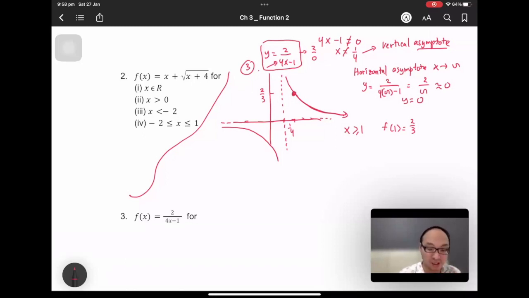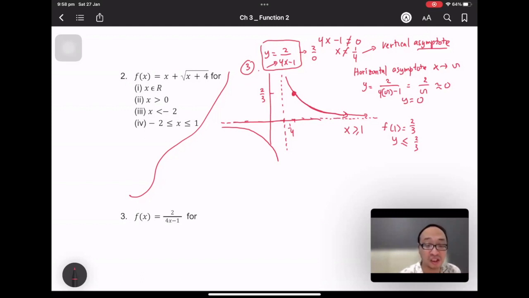And you see that the function will go decreasing here. So the range will be y smaller than or equal to 2 over 3, inclusive. But remember that this value is not continuing to negative infinity, but it will be approximately 0.